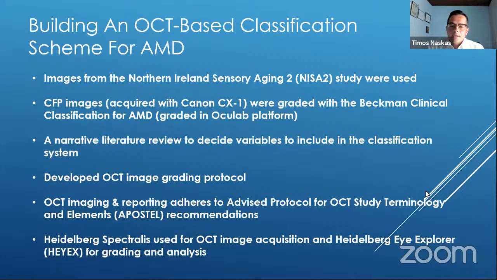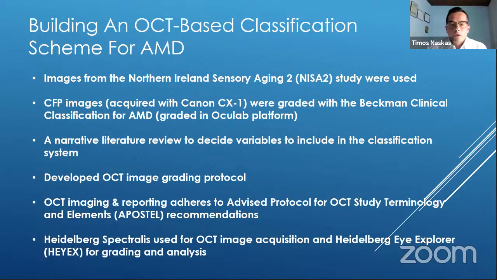Once I finished the literature review, I went on to discuss with my supervisors what items to include in this grading form and how to proceed. I will go through these items and also the groups which resulted from this protocol.